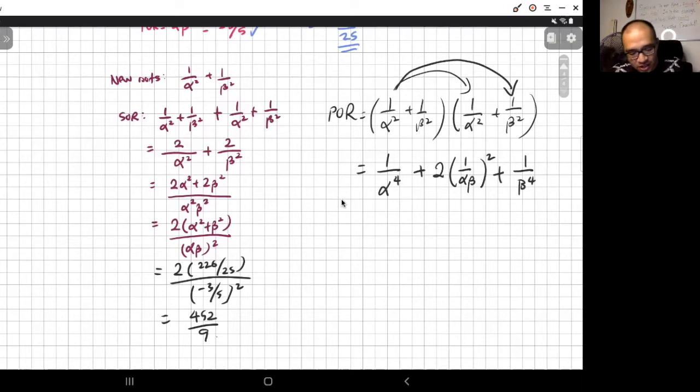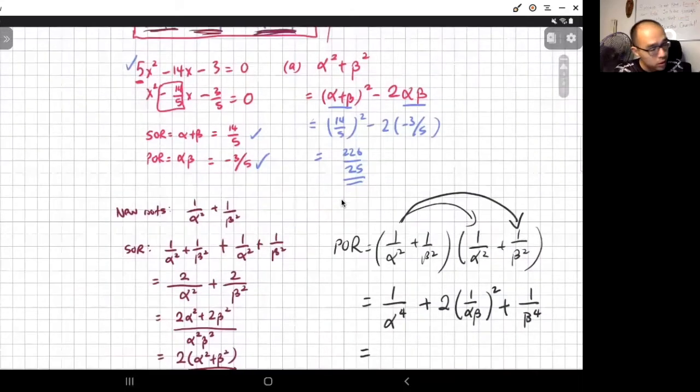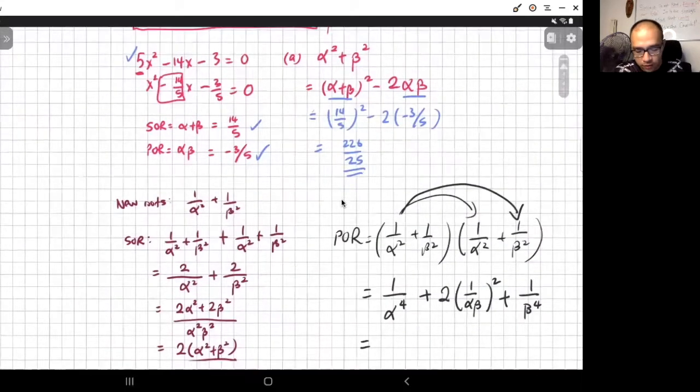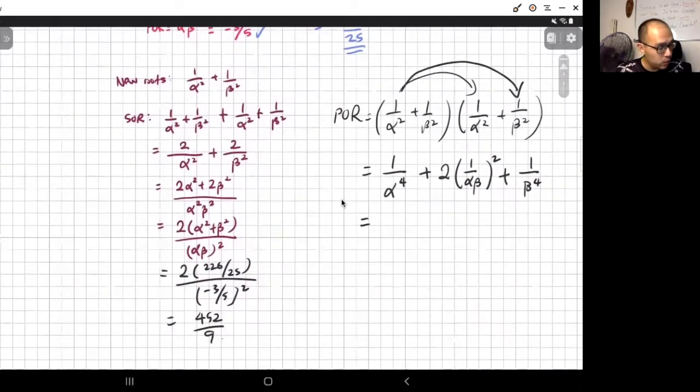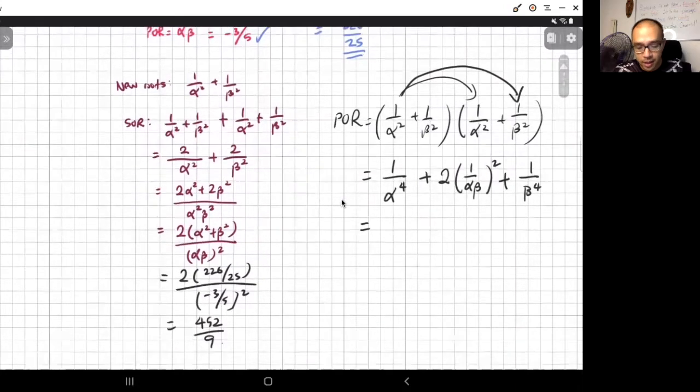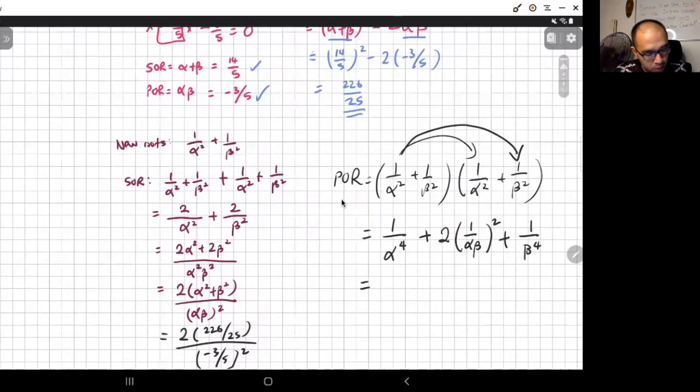Oh man. All right, let's just pause for a little while. So this will give us, oh, you know what? Actually, we don't need 1 over alpha squared plus 1 over beta squared. Actually, I think there's a simpler way to do this.